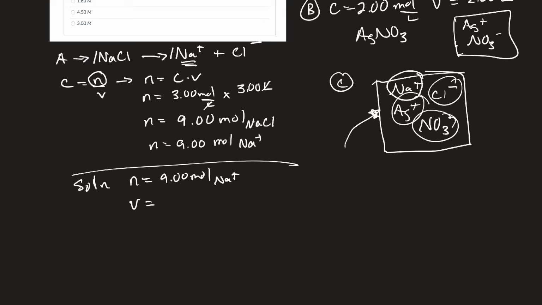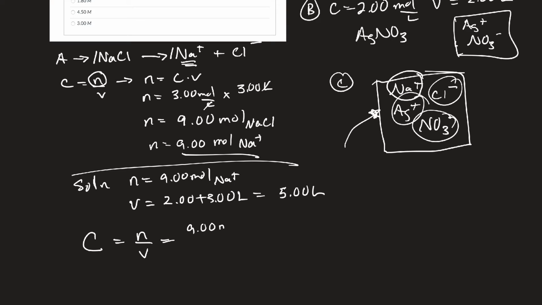So that's how many moles of sodium ions I have. And the volume, when they put the two things together, would be the 2 plus the 3 liters. So altogether, there'd be 5 liters of liquid in there. So to find the concentration, that's moles divided by volume. Moles are right there, 9.00 moles, divided by the volume, 5.00 liters.